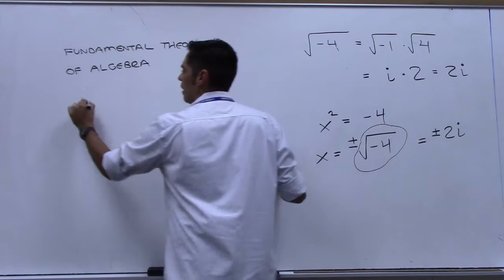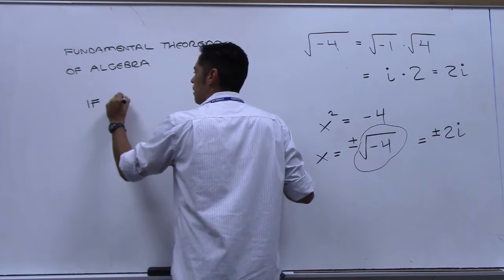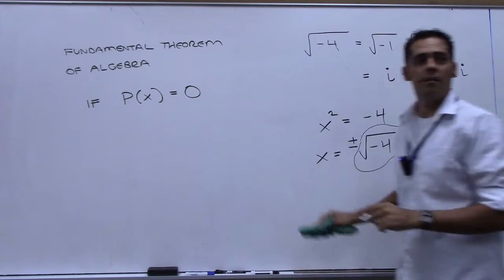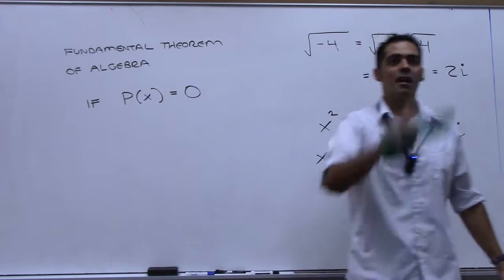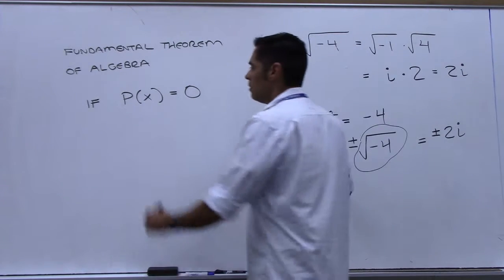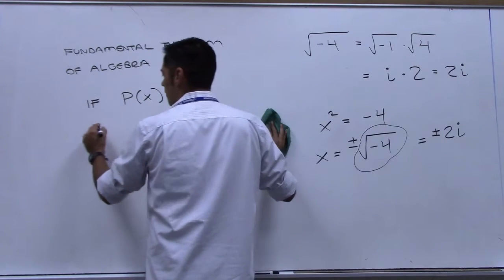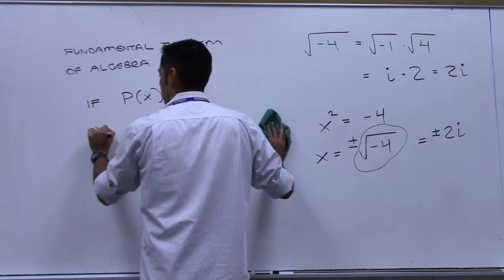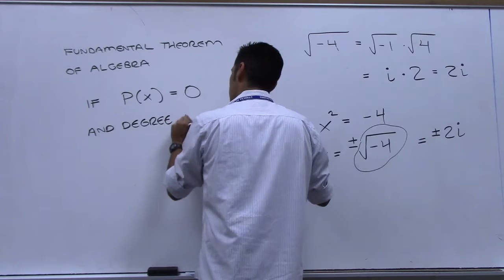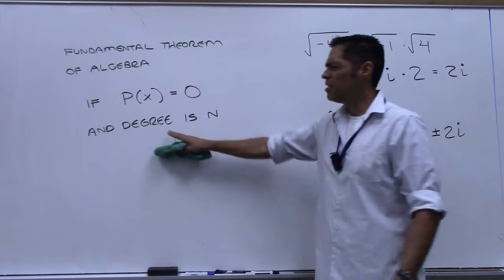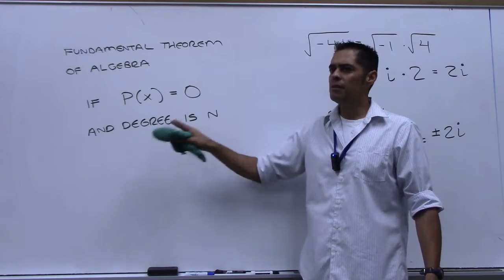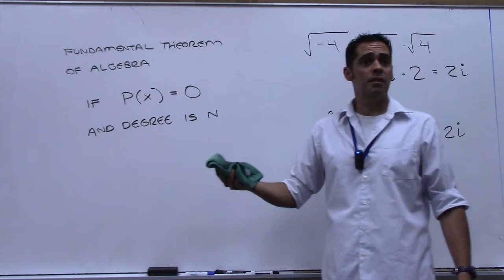The fundamental theorem of algebra says that if you have a polynomial function P of x equal to 0, a polynomial, not a rational function, and the degree of the polynomial is n. What was the degree of the polynomial again? It's the highest one, the largest exponent.